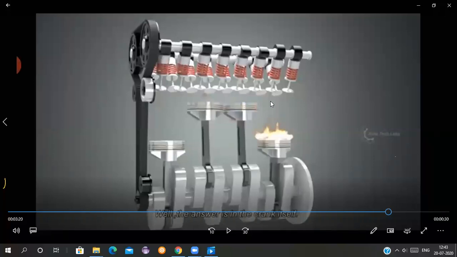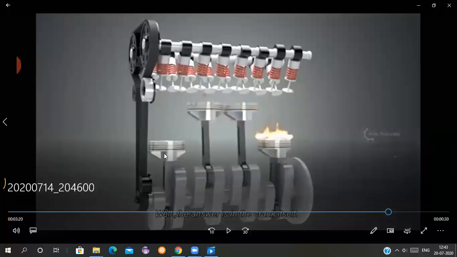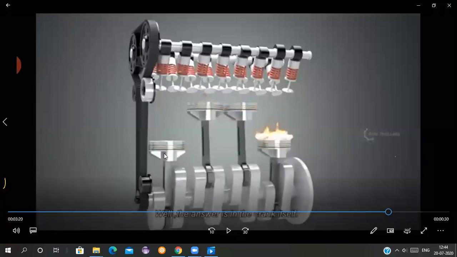Another thing, it doesn't require so much power at one time. We want power available at the crankshaft at all times. When there is a power stroke in the first cylinder, what is happening in the other three strokes? There is no power. We get power in only one stroke out of the four, the power stroke, wherein the fuel is burned, the piston is pushed down and the crankshaft rotates.